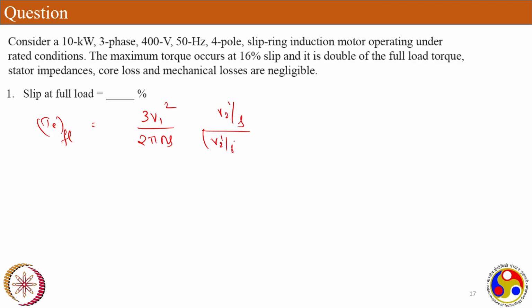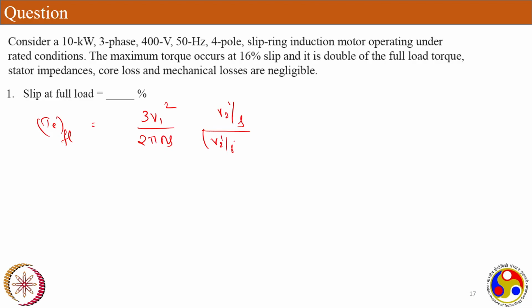Now let's take a ratio of these two. Now we know the ratio: full load to the maximum is 1 by 2. Maximum is 2 times. We know that. Now, if you take the ratio of these two, 1 by 2, so this one will go on. This one, pi ns, but there will be a 2 factor in the numerator.